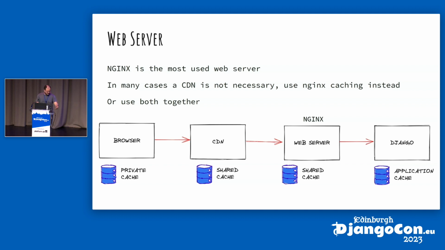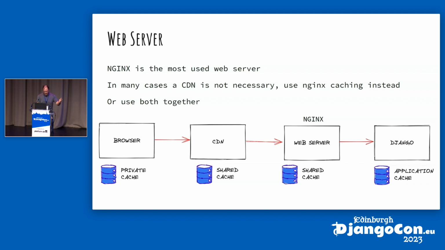And at the web server part, I have nginx, and nginx is the most used web server on the web. In many cases, you don't need the CDN. You can just put your cache in nginx. It can do most of these things.